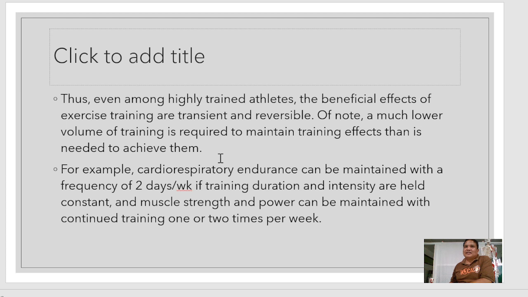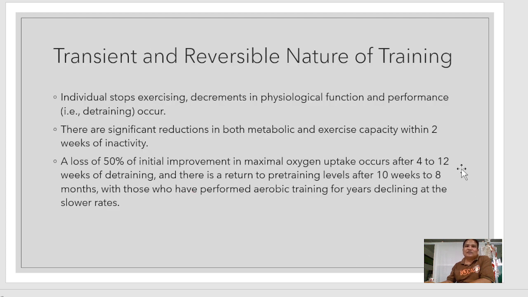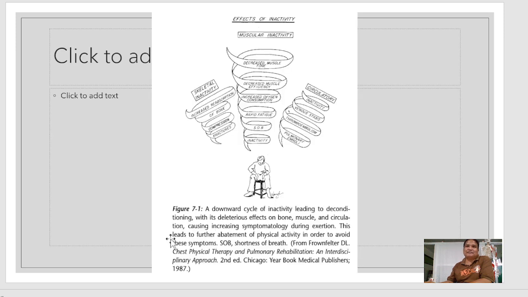For example, cardiorespiratory endurance can be maintained with a frequency of 2 days per week if training duration and intensity are held constant. And muscle strength and power can be maintained with continued training 1 or 2 times per week. But that could be reversed. Kung mo-stop siya, mo-reverse na within, kasi ingon niya dito, 4 to 12 weeks, 50% na mawala.